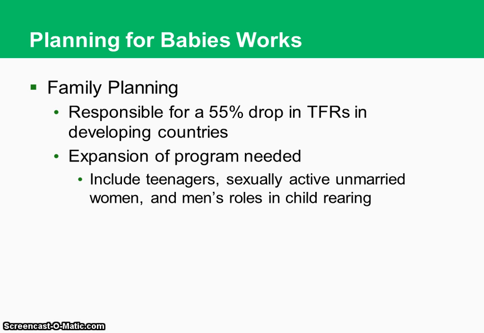But we do need an expansion to these programs. In most places, they do not include teenagers. We can think about that as being in our schools. Teenagers are not included. Schools are not allowed to mess with family planning. When you get to college, your colleges can, because you are considered to be adults. We also need to include sexually active unmarried women. That's true in our country as well as in other countries.